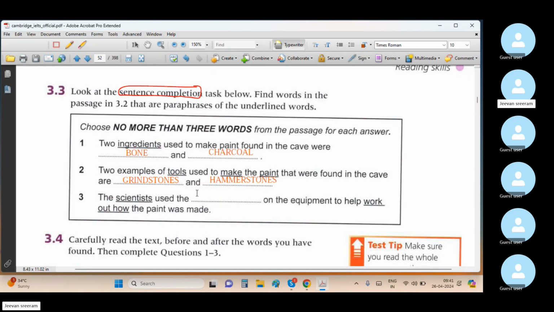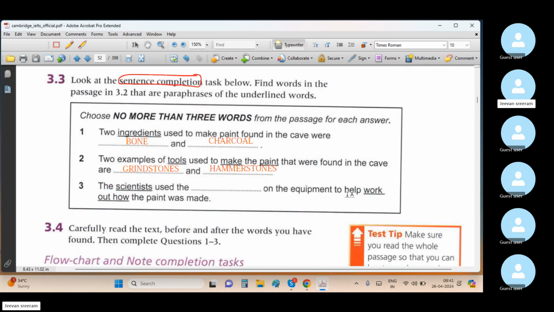How about this? This is one of the difficult questions. The scientists used a dash on the equipment to help work out something. To work out means understand, no?